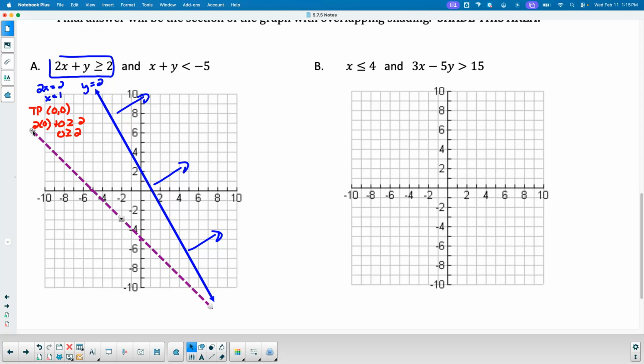Y equals 2, yep, solid. -5, -5, yep. Okay, test point the origin. Zero is not bigger than -5, so we would be down here.